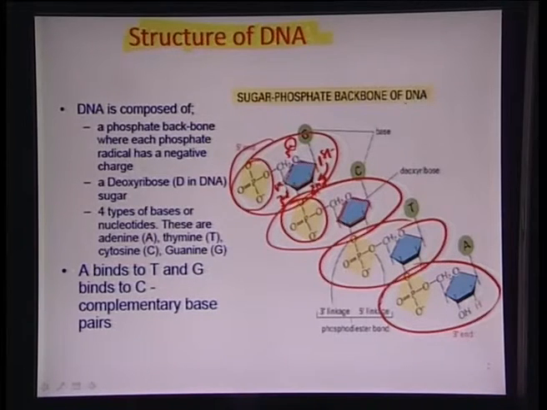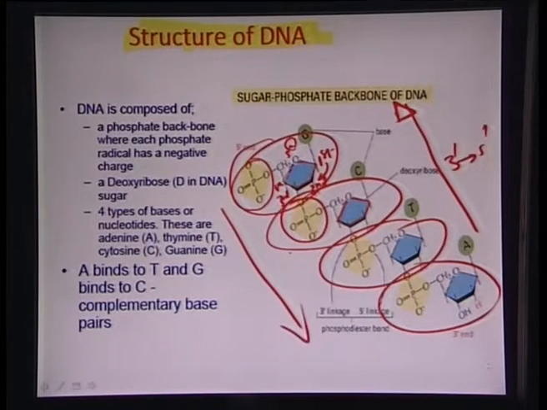Going from bottom to top, we are going from the 3' to 5' side. In the other direction, we come back from the 5' to the 3' side.